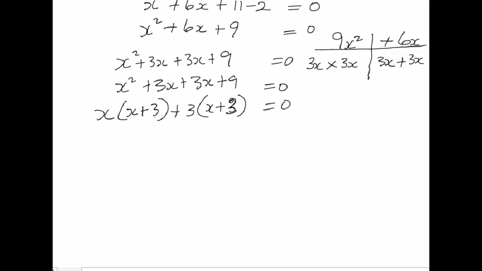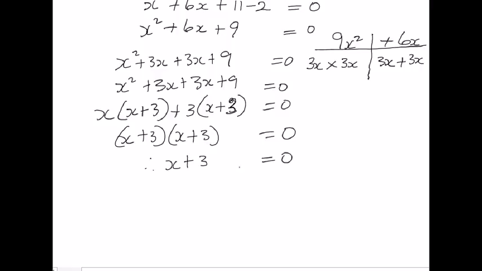Bracket equals 0. What we have in the bracket are the same. We have x plus 3 and x plus 3 here. So we now have x plus 3, and this x that is outside here, and another one plus 3 is also outside here. Let's bring it into the bracket equals 0. So therefore, if you open the bracket, x plus 3 will be equals 0.